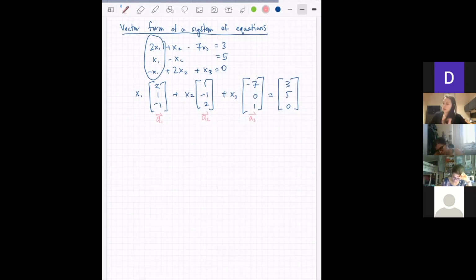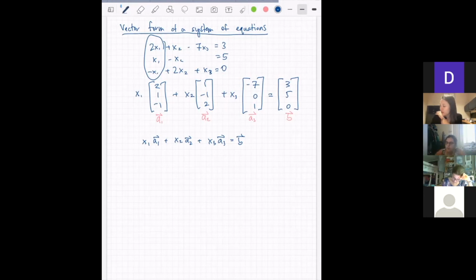And then the equation would become x1 times A1, x2 times A2, and x3 times A3 equals B. Right, so this one will be B. And then this is going to be the same. So this is just a different way of writing down our system of equations, right? It's just the same thing written differently, right?